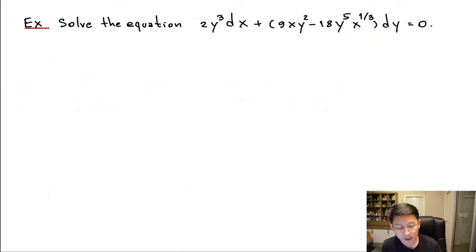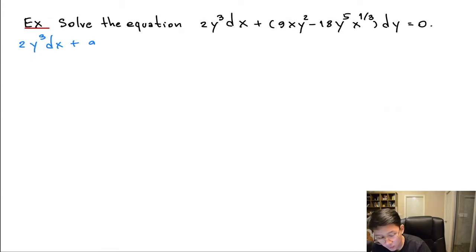So I'll just rearrange the terms. y cubed dx plus 9y squared x dy, minus 18, I can move it to the right hand side, so it equals 18y to the power of 5 times x to the power of 1/2 dy.